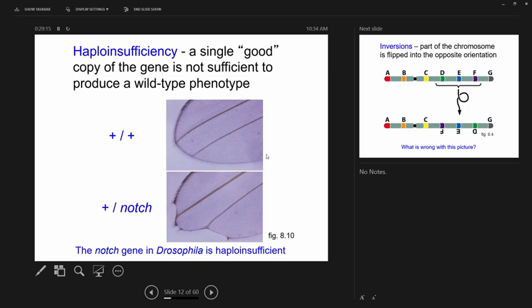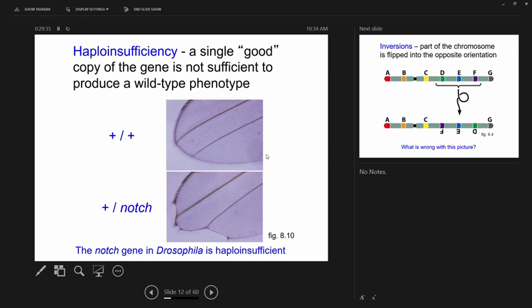So these are pictures of the end of a fly wing, and the reason why it's called Notch, and the only reason it was able to be discovered as a mutation, is that as a heterozygote, you're missing one Notch, so you only get one dose instead of two of the Notch protein.